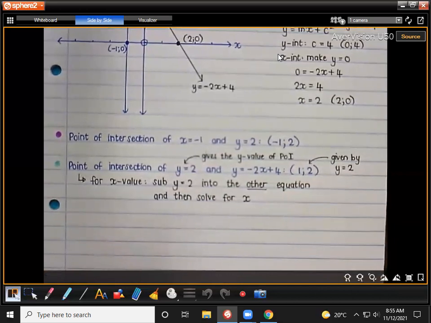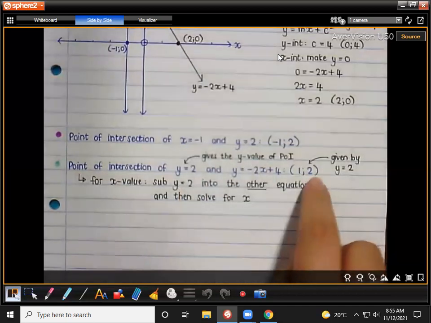Okay, we're going to do that now. So they've given us the y value by telling us that the one equation is y equals 2. All right, now we're going to use y equals 2. We're going to sub it into the other equation.